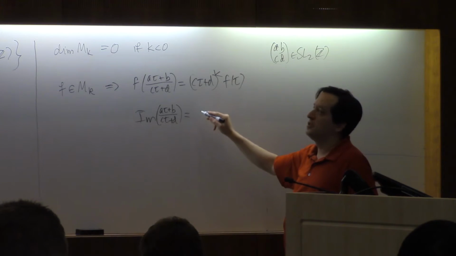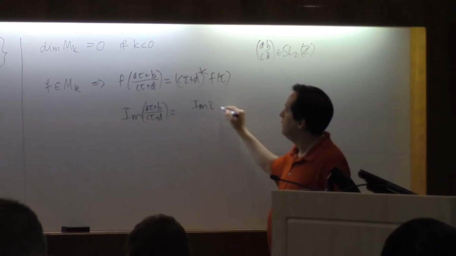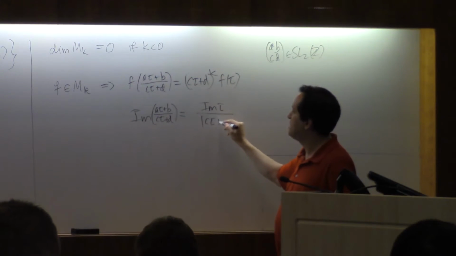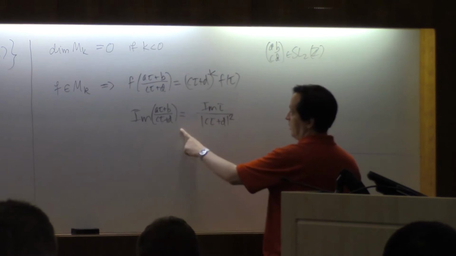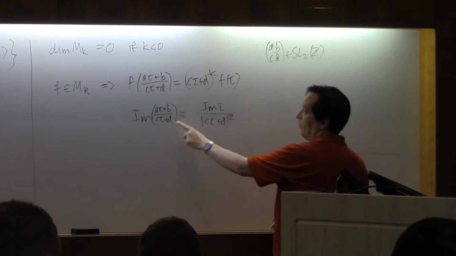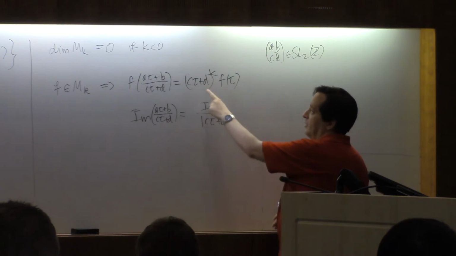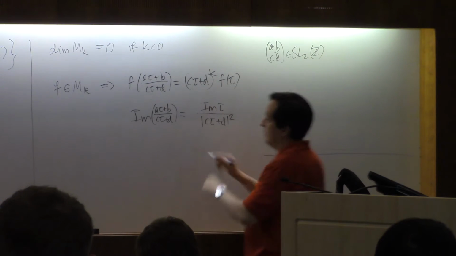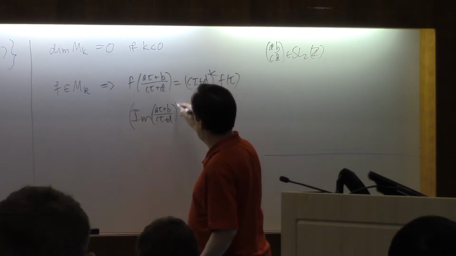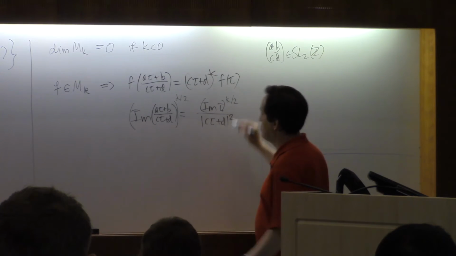The imaginary part of the image is the determinant, which is 1, times the imaginary part over the absolute value of c tau plus d, all squared. So if you look at this and say, hey, if I raise this to the power k over 2, here's a numerator, here's a denominator, and I get the exponents to match. So let's raise this to the power k over 2.